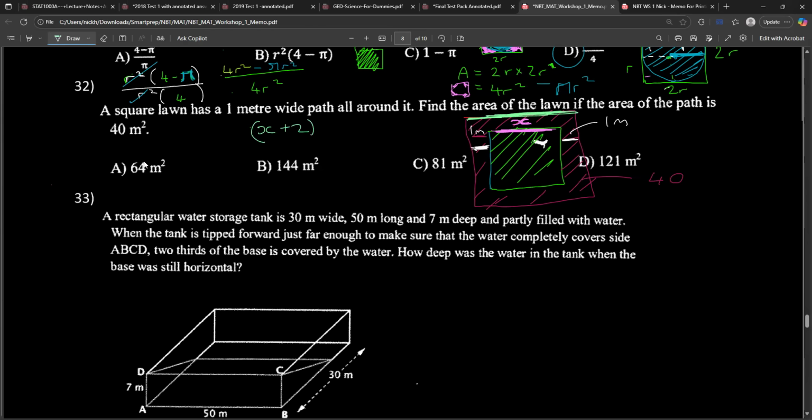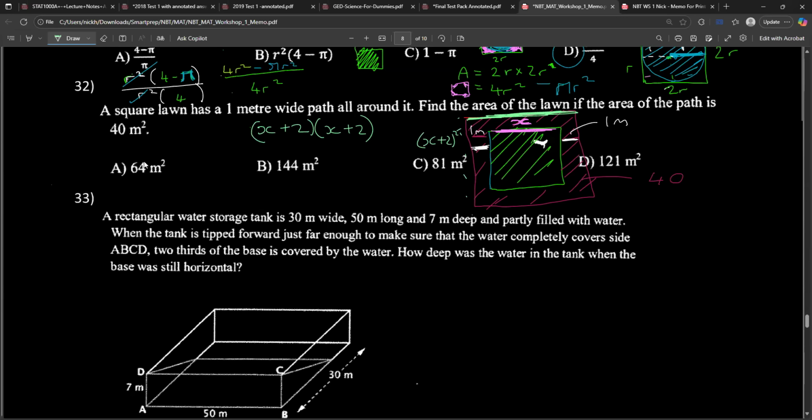Now, because it's a square, this would also be x plus 2. And so the area of this whole part here, not just the path, would be x plus 2 times x plus 2, which is x plus 2 squared.